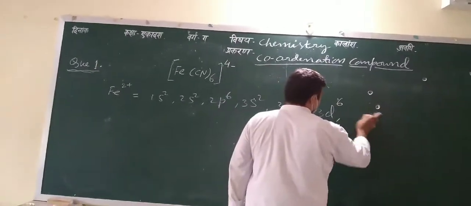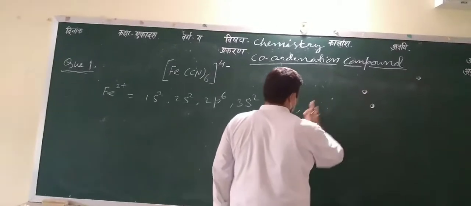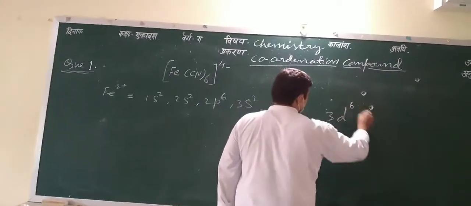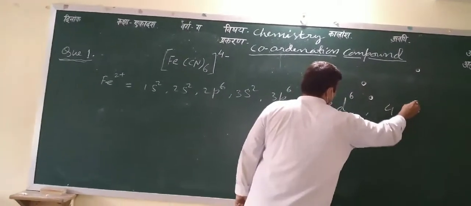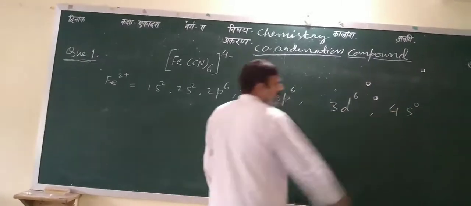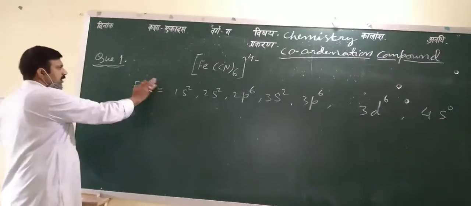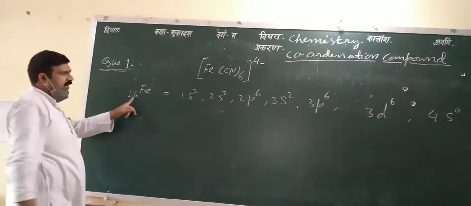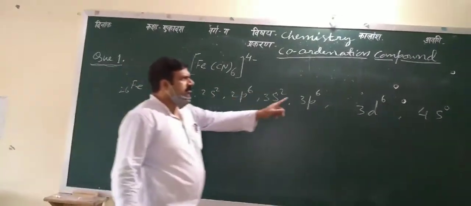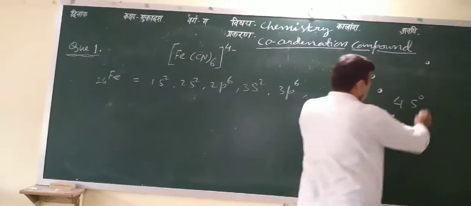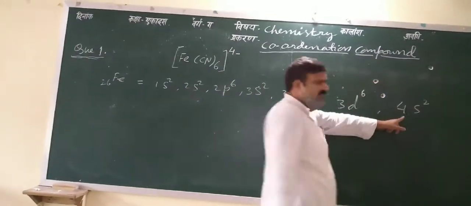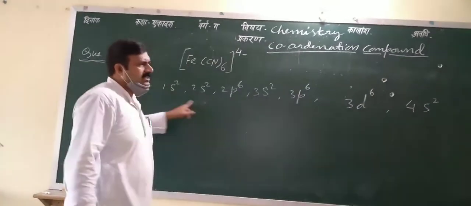We know that iron's atomic number is 26. If we see the electronic configuration of iron, it will be 3d6, 4s2, with 26 electrons.